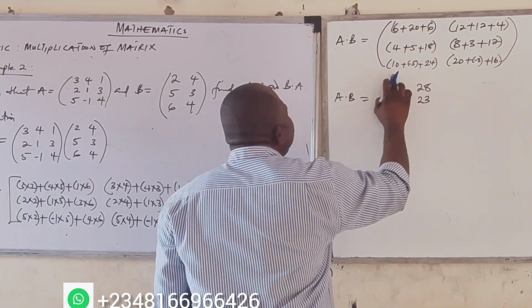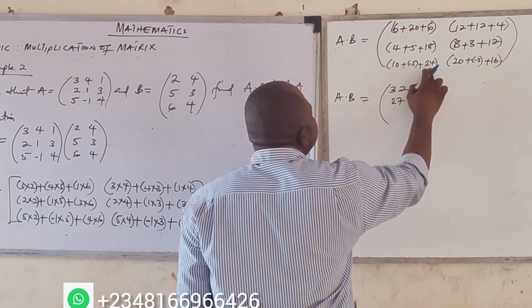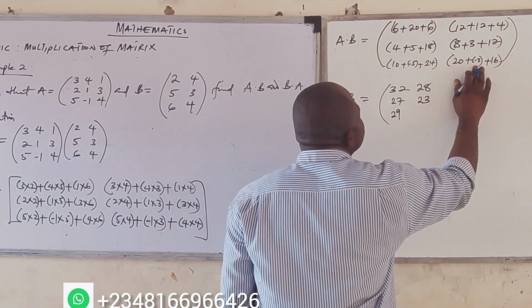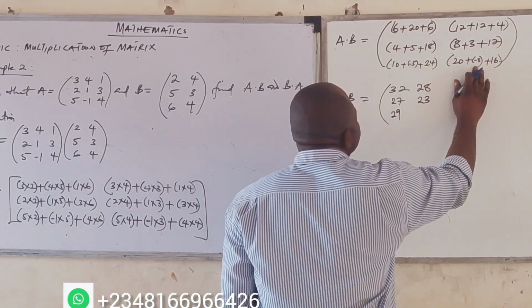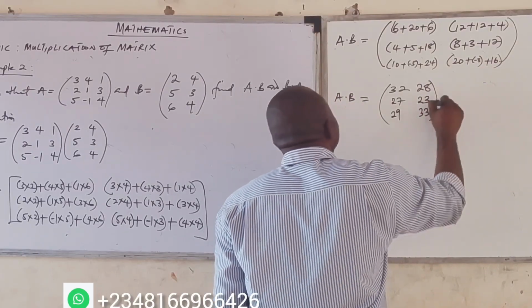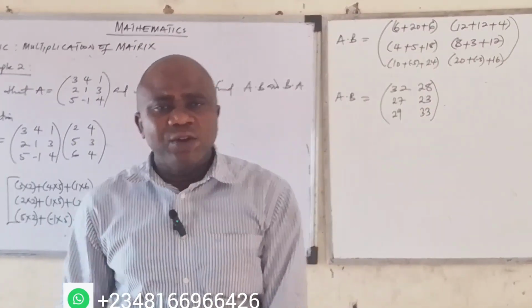Here we have 10, because of this plus minus, that will be minus. 10 minus 5 is 5, 5 plus 24 is 29. 20 minus 3 is 17, 17 plus 16 will be 33. So the value of A dot B is this.